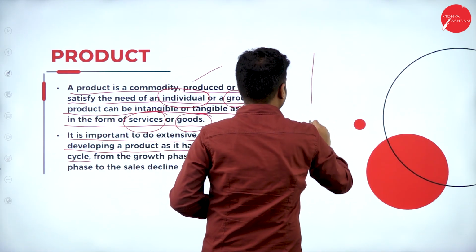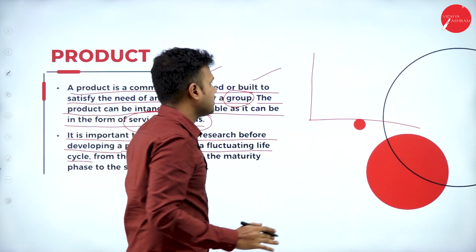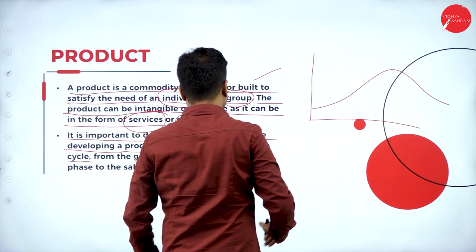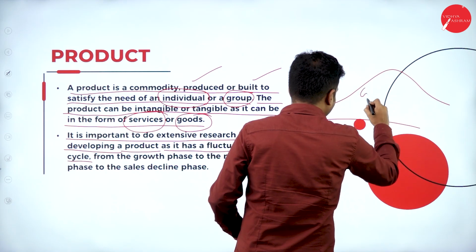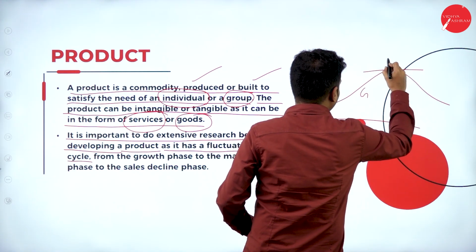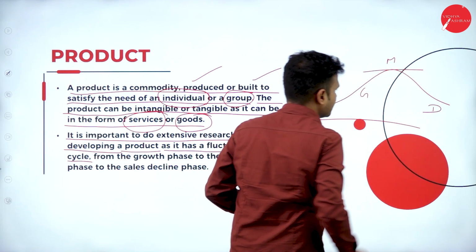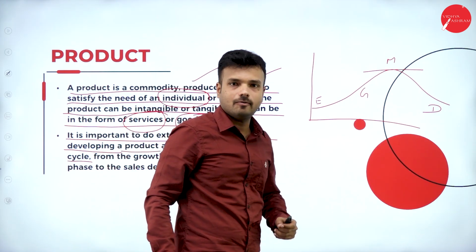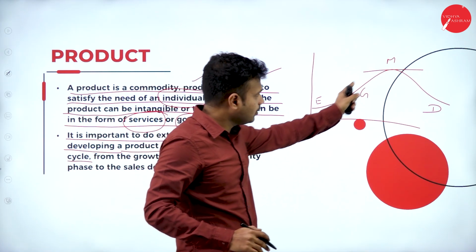As we studied in the earlier session regarding the retail life cycle, it starts with the entry phase, followed by the growth phase, the peak stage which we call the maturity phase, and at the end it reaches the decline phase. So these are the four phases in the product life cycle. Whatever product is newly introduced in the market goes through four stages.